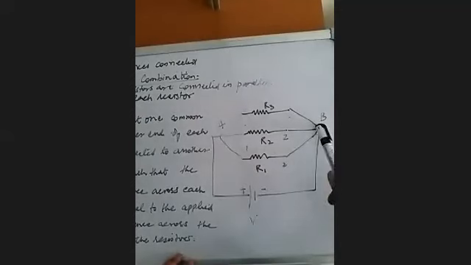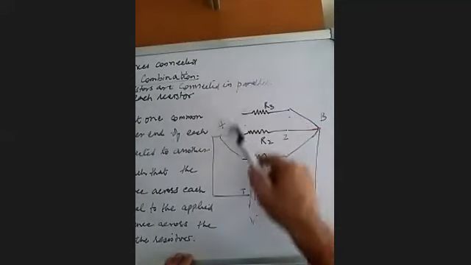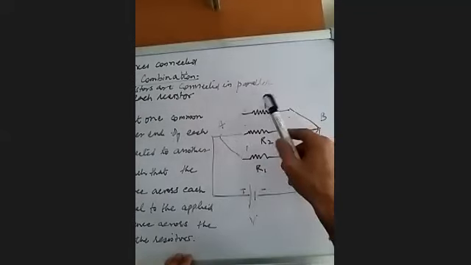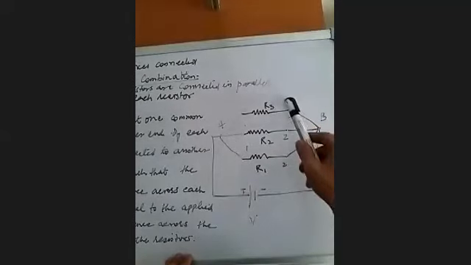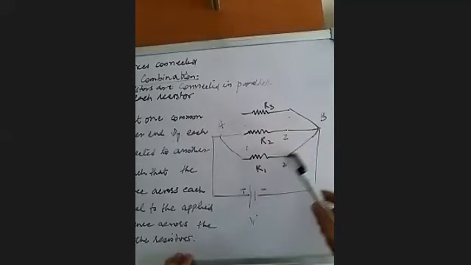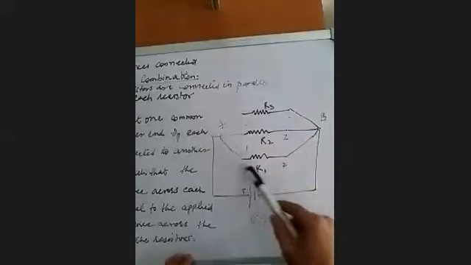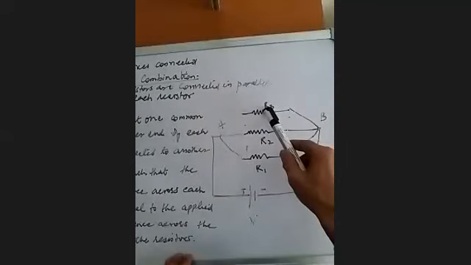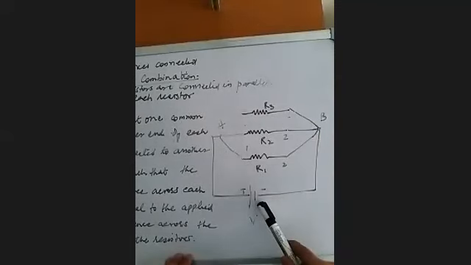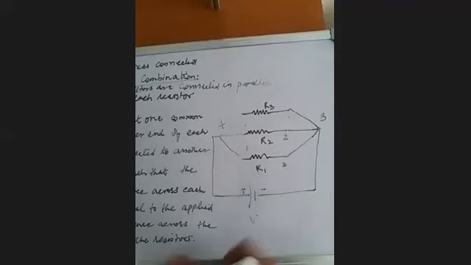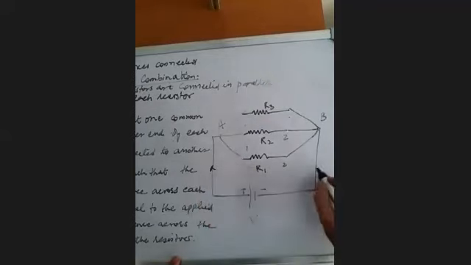I hope you understood. Now we shall find out the equivalent resistance of all these resistors connected in parallel. So what is the equivalent resistance? It is that single resistance by which, if this parallel combination is replaced, then when this potential difference is applied across that resistance, the current in the circuit will be the same as the current in this case.